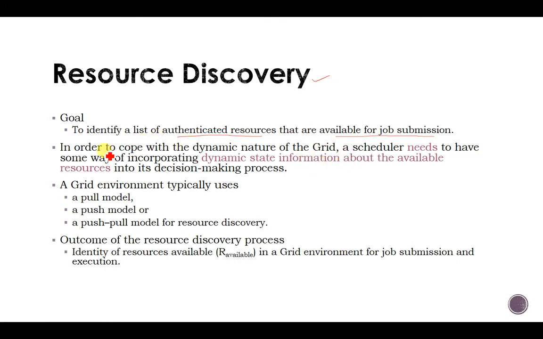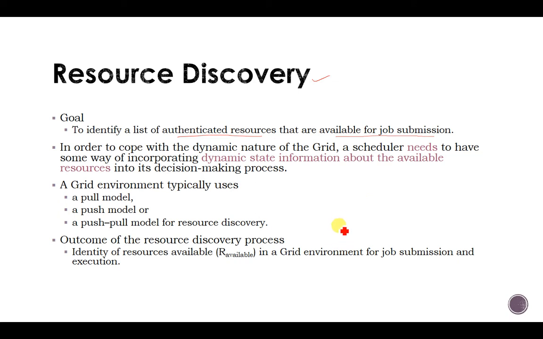In order to cope with the dynamic nature of the grid, the scheduler needs some way of incorporating dynamic state information about the available resources into its decision making process. What does it mean? We know that resources are created and destroyed in a grid environment several times.